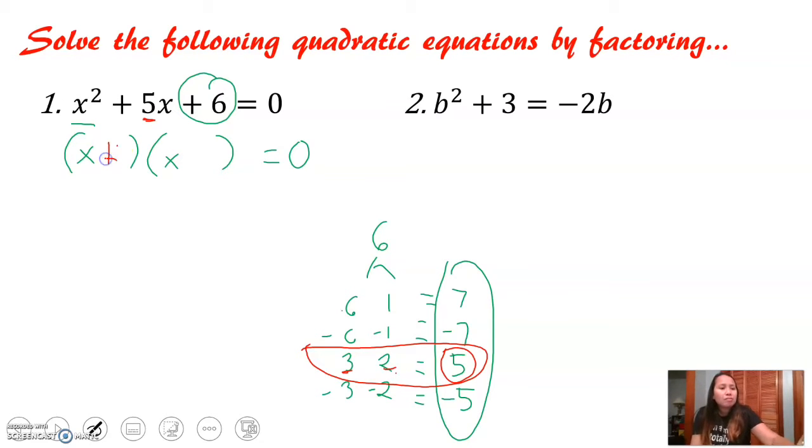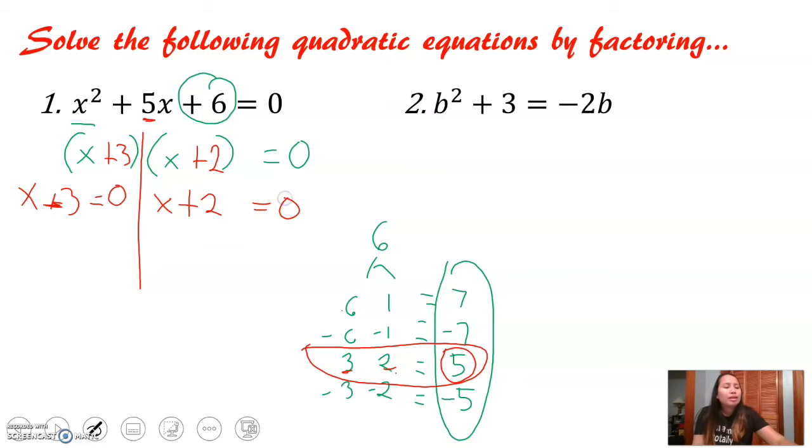It's going to be plus 3 and plus 2. Get it? All right, now I'm going to equate both of my factors to 0 and solve for x. So this is going to be x equals negative 3 and x equals negative 2. Okay.